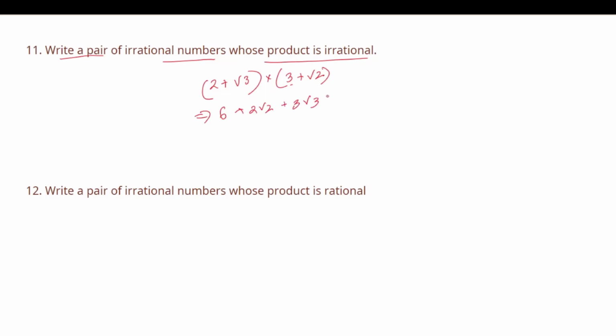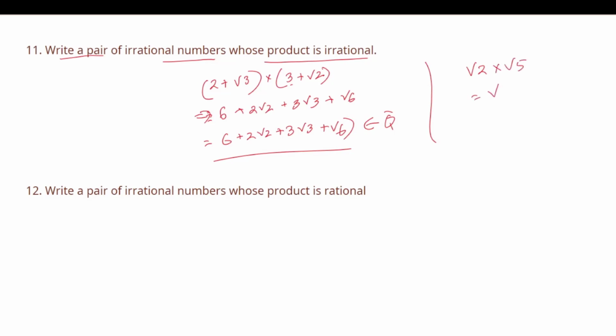Root 3 into root 2 is equal to root 6. So 6 plus 2 root 2 plus 3 root 3 plus root 6. This is irrational. We can take any other simple example. Root 2 multiplied by root 5 is equal to root 10. This is also irrational. Write a pair of irrational numbers whose product is rational.